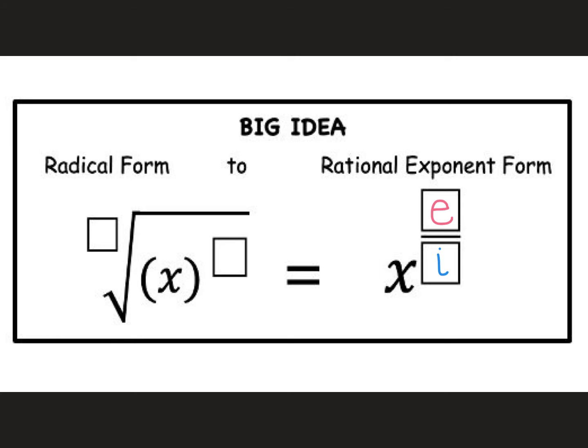Well, how about Old MacDonald had a farm? E-I-E-I-O. Okay, so E over I. E stands for exponent. Well, where's the exponent over here? It's this value. Okay, so E goes right here, and I is the index. And I'm just going to remind you, index and index.